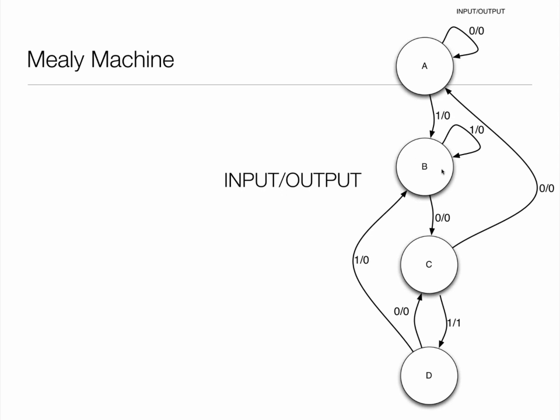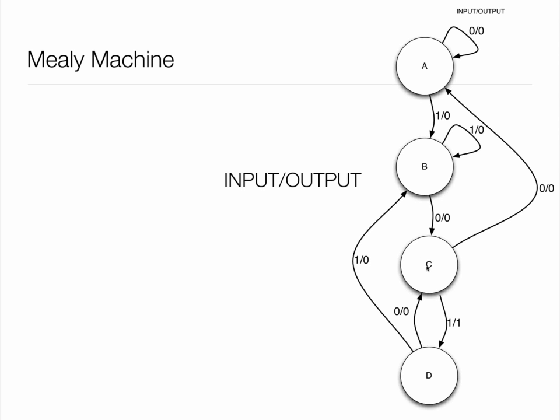Similar for B: if you're in state B, input of 1, next state is B still, the outputs are 0. So the actual state transitions at the moment are identical. All we've done is put the outputs here. So if you're in state A and an input of 1 is applied before the clock edge, you would see a 0 appear in the output.